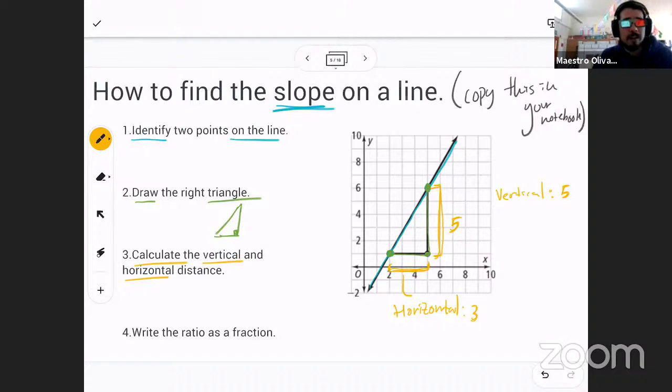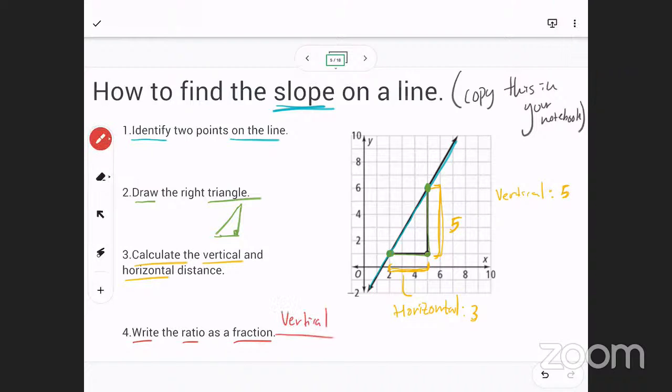Wow, so all we gotta do is draw a triangle and find the distances? I can do this in my sleep. The last thing you gotta do: write the ratio as a fraction. So what's my fraction gonna look like? I like how some of you are already trying to write the fraction. I didn't tell you how to write the fraction yet. The fraction is supposed to be vertical over horizontal.